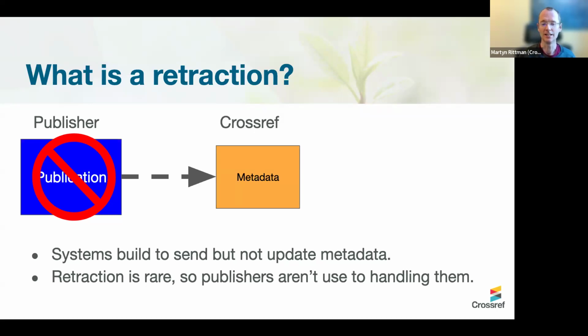And in the ideal case, the metadata for that retraction notice also comes to Crossref. But as you'll see, I put a dotted arrow on here to indicate that that's a bit of a leaky pipeline. And it doesn't always happen that way. There are various reasons for that, and it's generally not anything malicious on the side of the publisher.